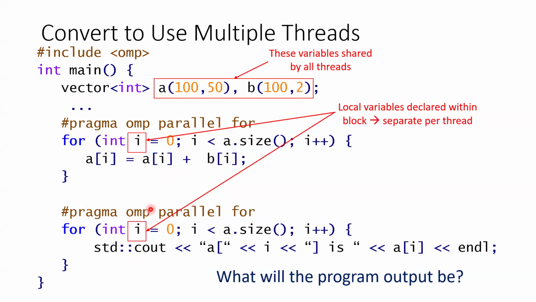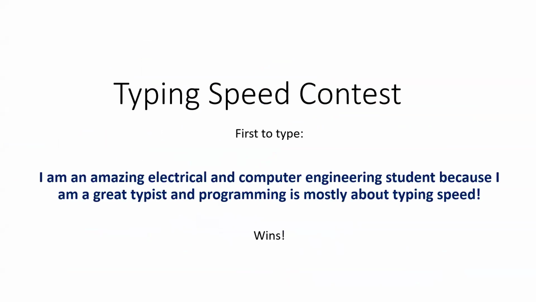In the second parallel for, we are outputting. What do we hypothesize the program output to be? Let's keep this question in mind and let's do a typing speed contest.